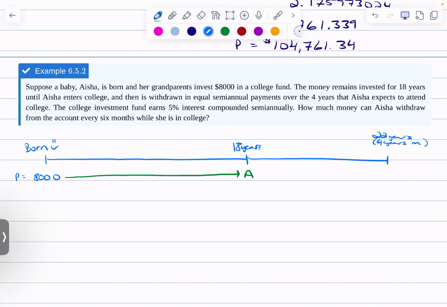So she's going to withdraw equal semi-annual payments every 6 months. So in 4 years, that's 8 payments, right? 1, 2, 3, 4, 5, 6, 7, 8.